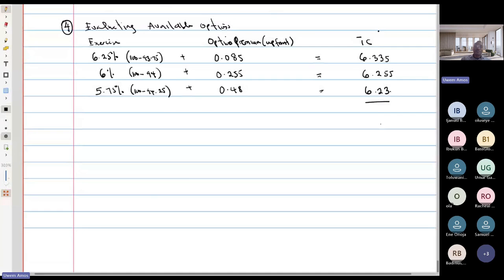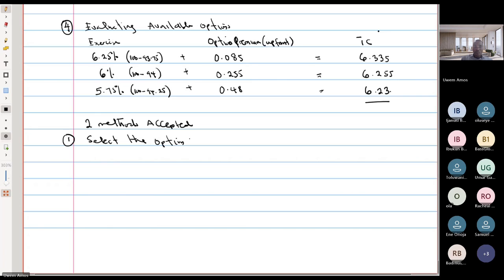So the first method: select the option with the least total cost. If we select the option with the least total cost, which of them is the least?